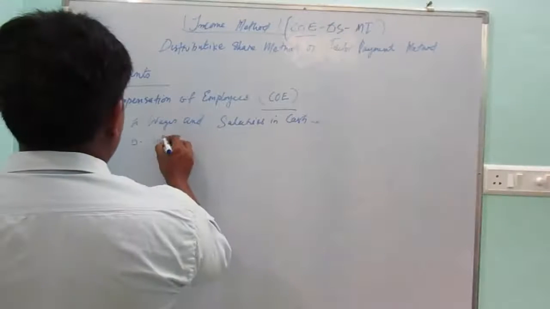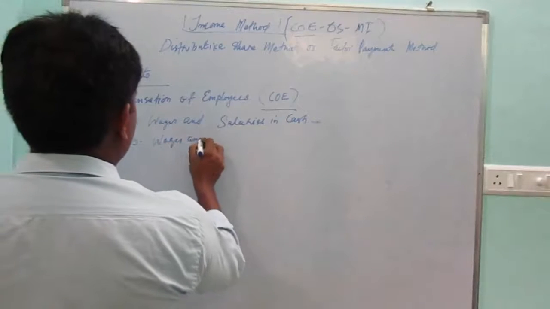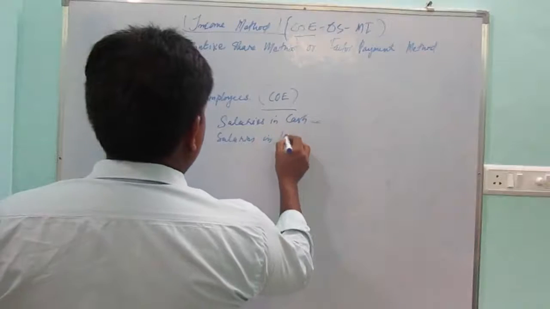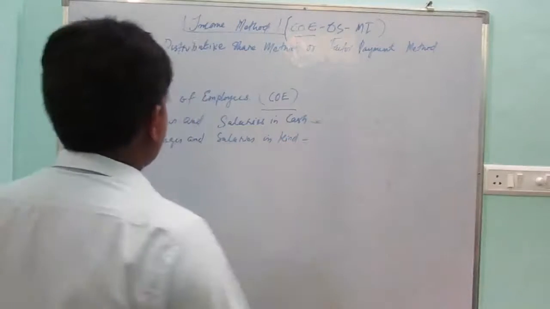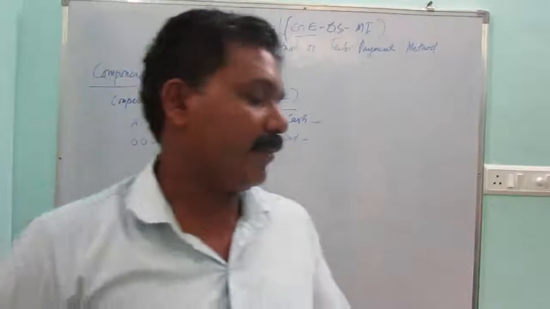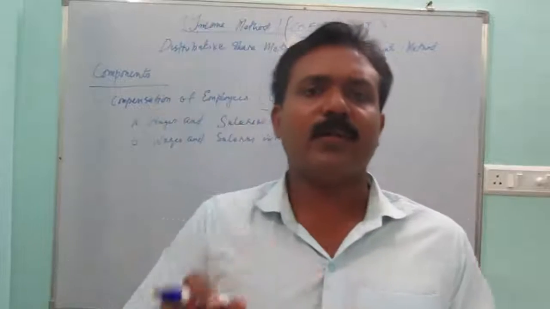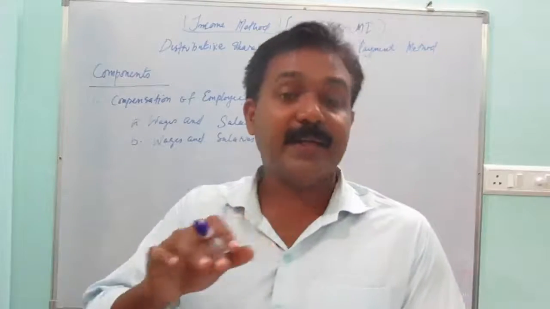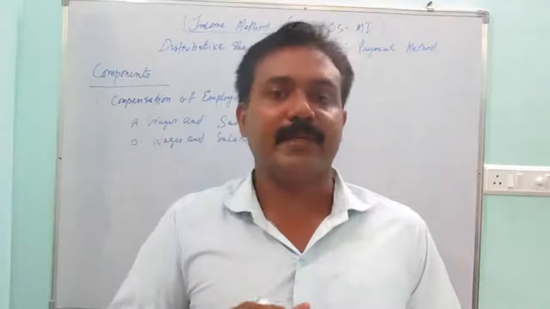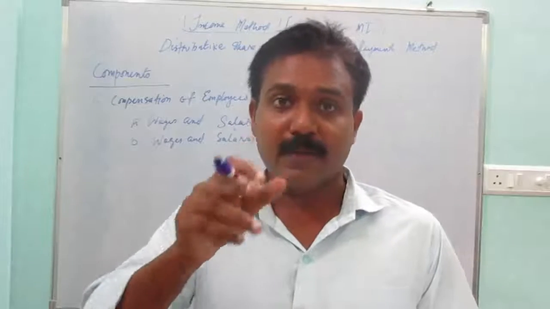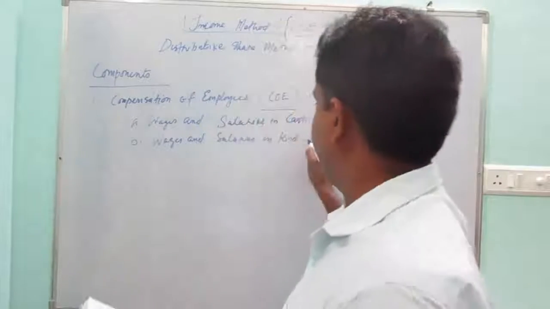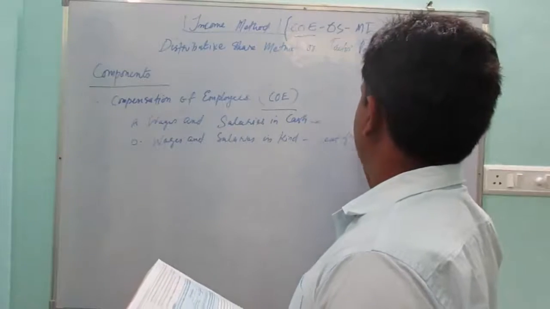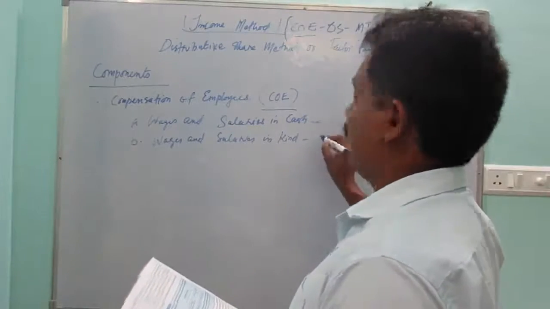And then wages and salaries in kind. Next one, wages and salaries in kind. The second type includes all the non-monetary benefits, like the rent-free home I am getting. So the second part also I am getting. A rent-free home I am getting.